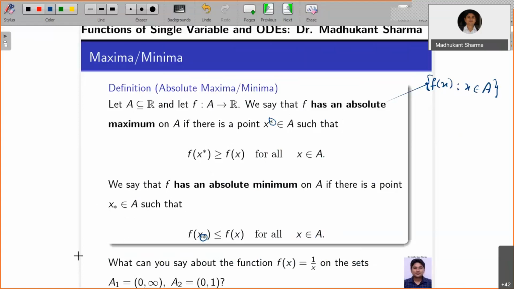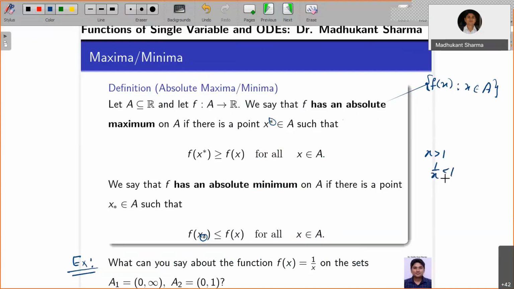For example, take the function f of x equals 1 by x. If you consider the interval A1 as 0 to infinity, an infinite length interval, you know that for x greater than 1, 1 by x is less than 1.